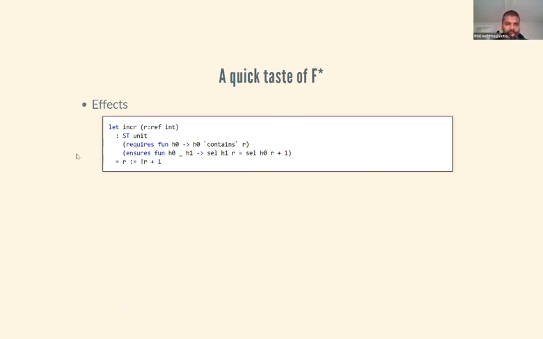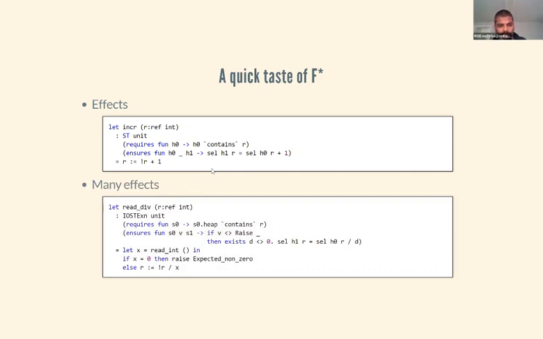So you can write stateful programs like, say, increment, and that's going to increment a reference to mutable state, a reference to an integer, and you can give it a specification in F* that tells you, in this case, for instance, if you run increment in an initial state H0 that contains the reference R, then increment ends in a final state H1, where the value of R in H1 is 1 greater than its value in the initial state.